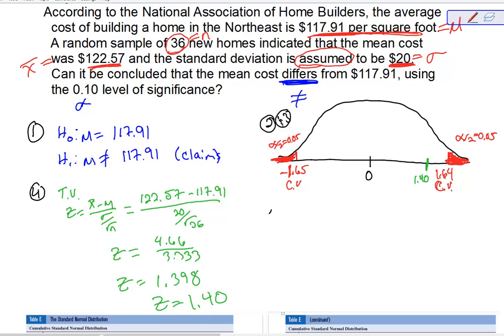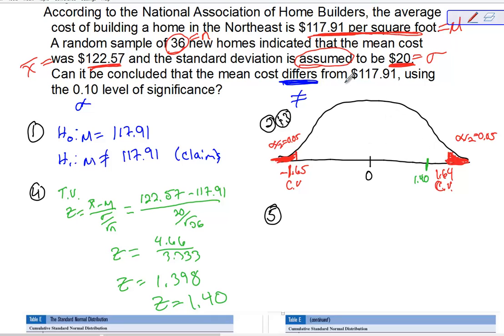So the question is, for step 5, is 1.40 in the shaded region? Is this value in one of these shaded regions? Well, no, it's not. It's in this middle part. So it is not in the shaded region.